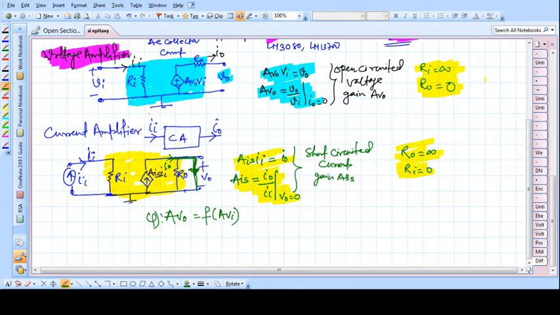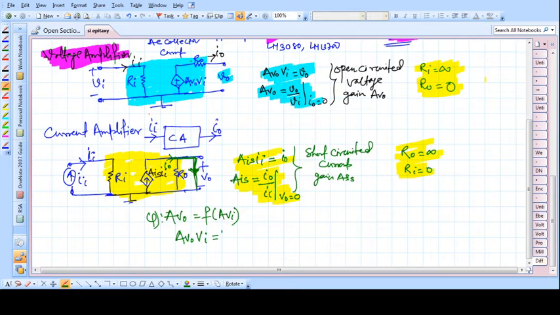We can write AV naught Vi is nothing but simply AIS Ii into R naught, because you have to make this a voltage V naught.